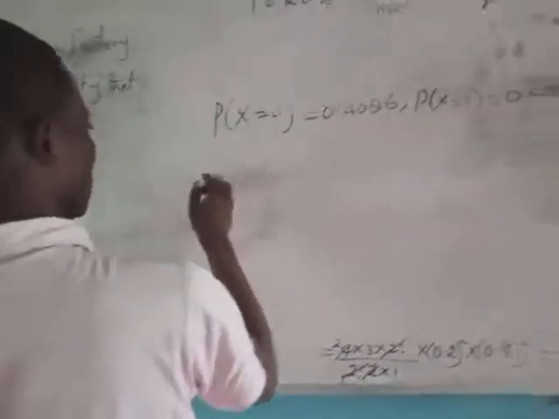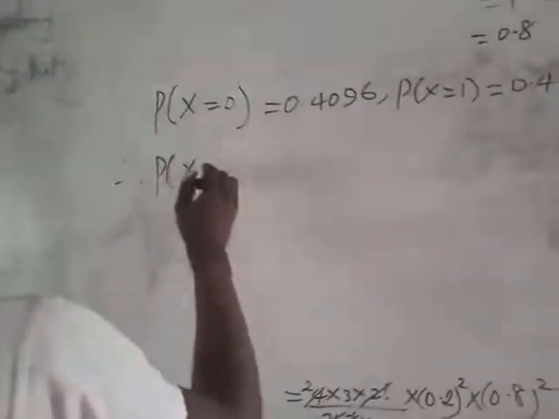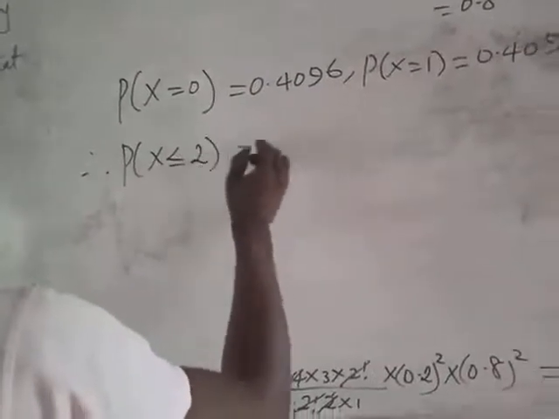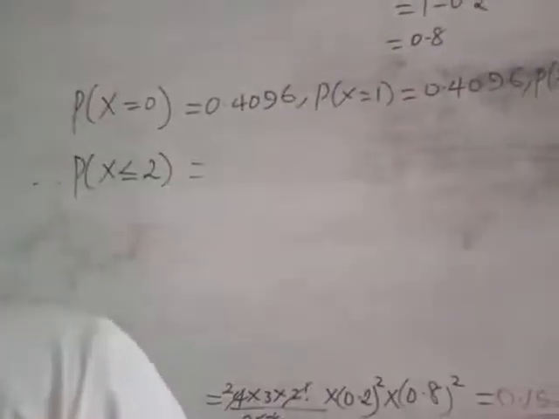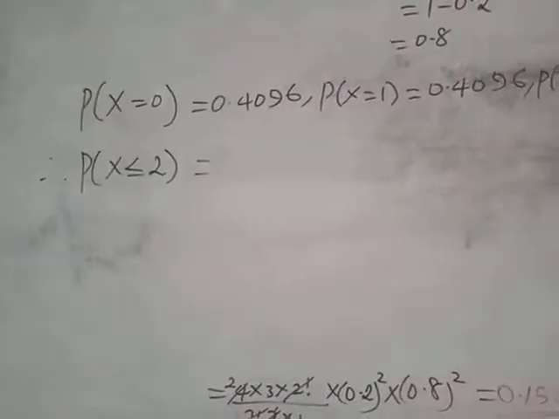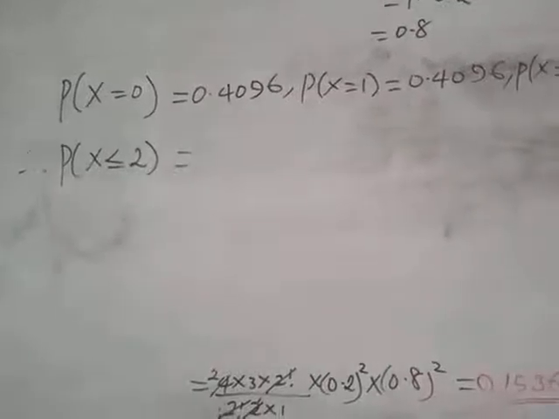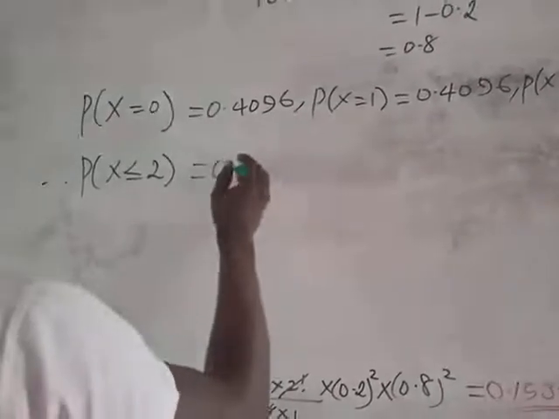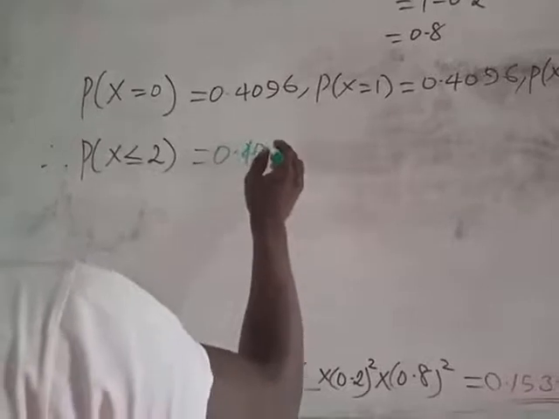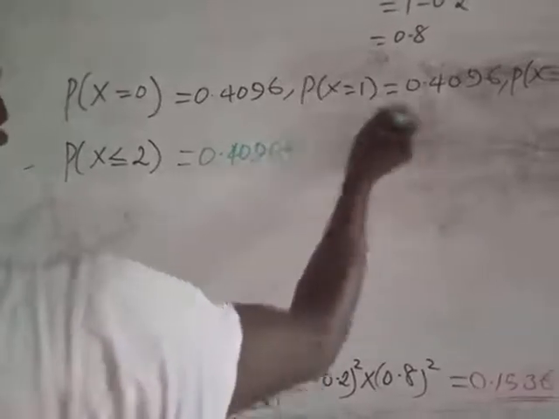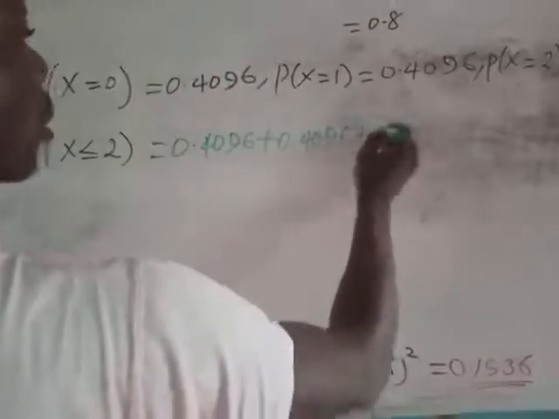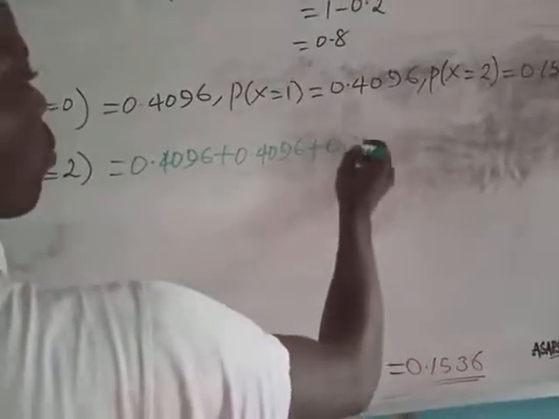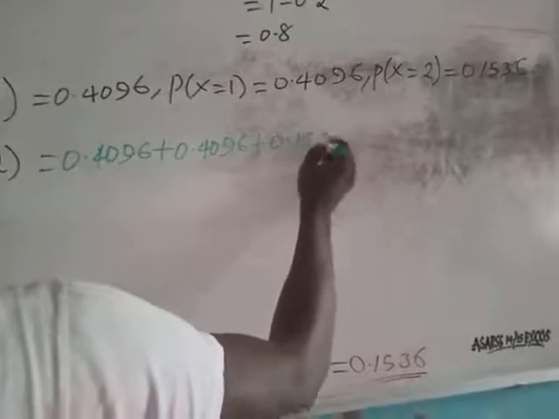So we are going to add everything together now. Therefore, probability of x less than or equal to 2 will be equal to this plus this plus this, which is 0.4096 plus 0.4096 plus 0.1536.